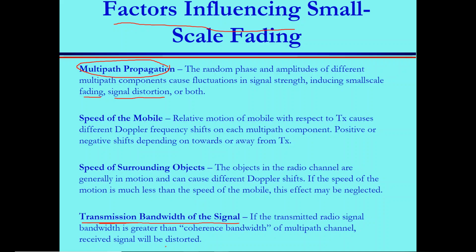This is why fiber optics are more expensive than copper. Why? Because the coherence bandwidth of optics is larger than that of copper, which means you can transmit your data with higher speed over optics while not having any intersymbol interference.